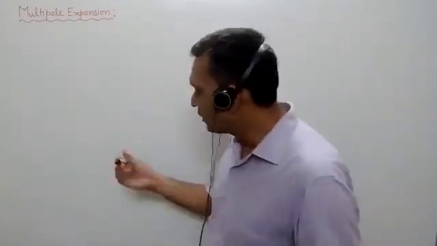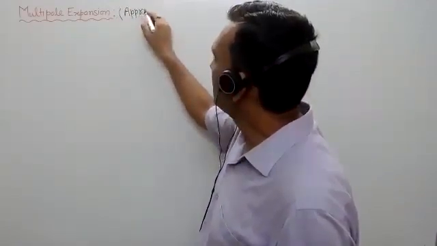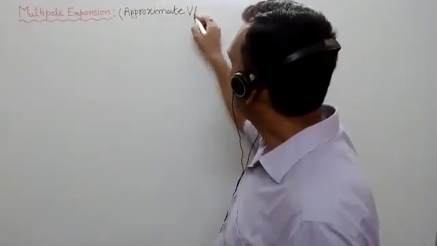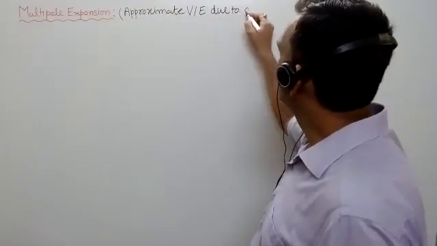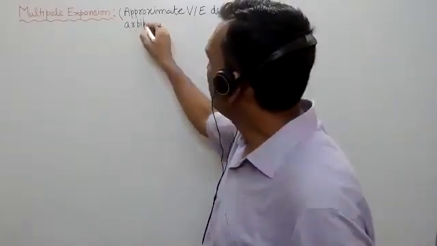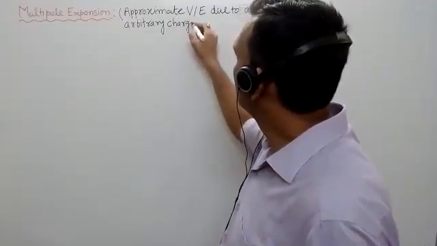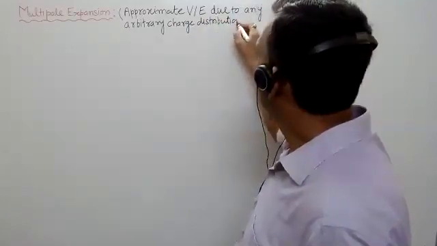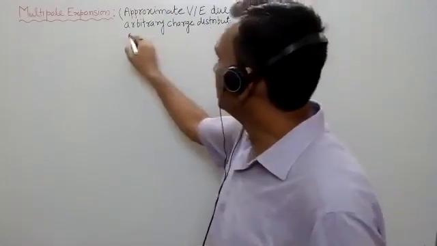So in multipole expansion we can find approximate V or E due to any arbitrary charge distribution at large distance.